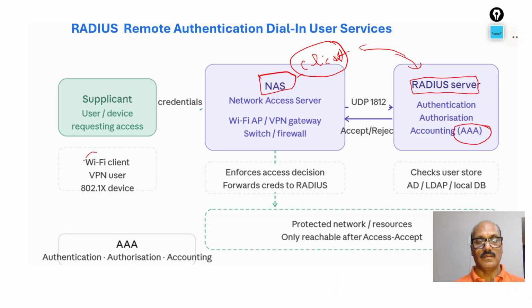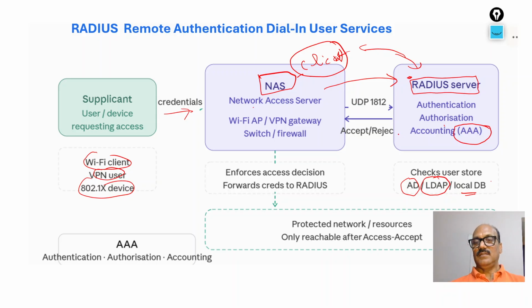So here the Wi-Fi client, VPN client, all credentials are sent, and the NAS will send these details. The moment we say authentication, AD comes into the picture, querying the database and directory service by Lightweight Directory Access Protocol, LDAP, or a local database. These are all part of this, including authorization. This will check everything for each of the login requests.